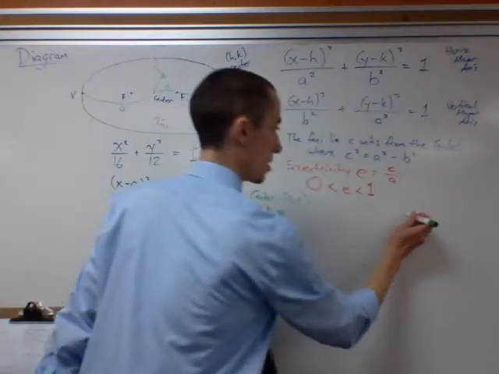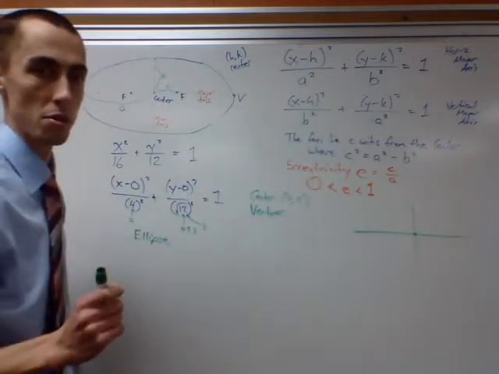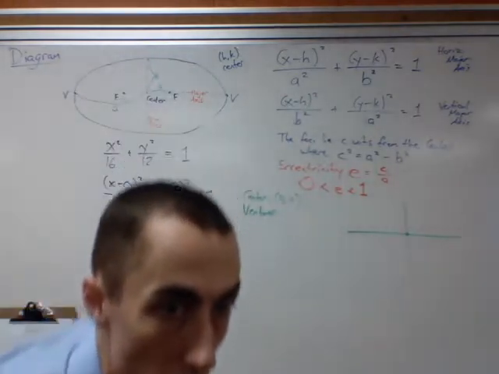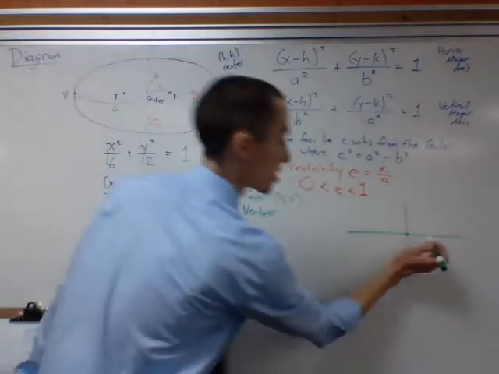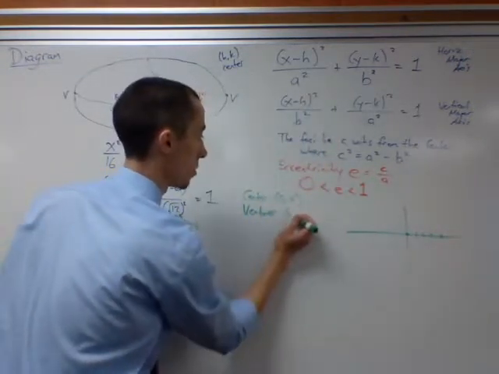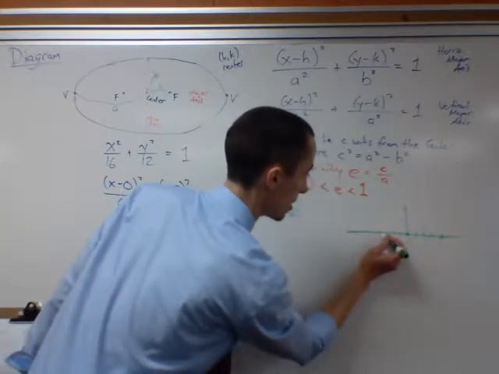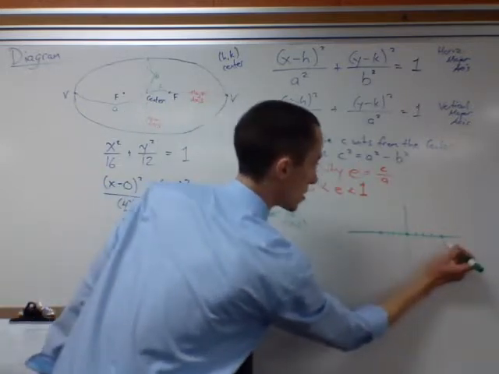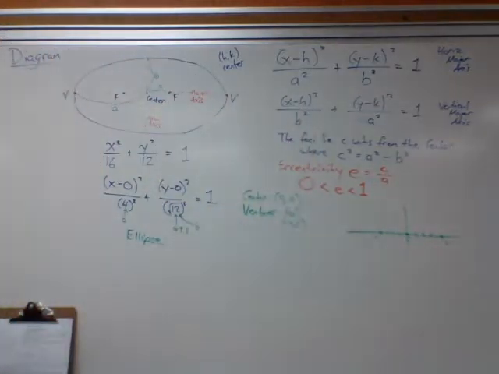Now, for this ellipse, our center is at 0, 0. So I'm going to be starting the sketch here. 4 units to the right, 1, 2, 3, 4, is 4, 0. And 4 units to the left, 1, 2, 3, 4, is negative 4, 0. So there's a vertex, vertex, and there's our center.